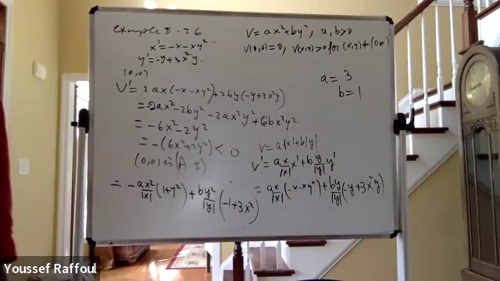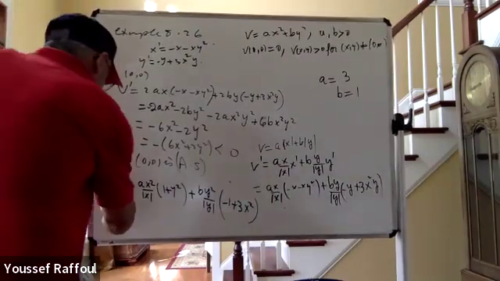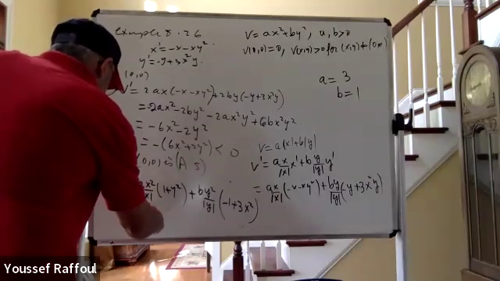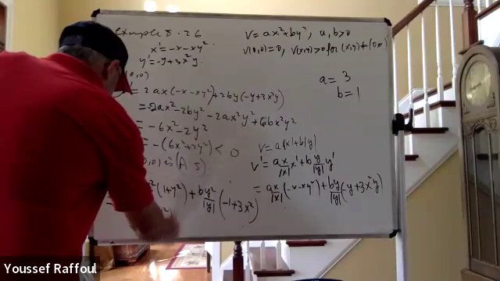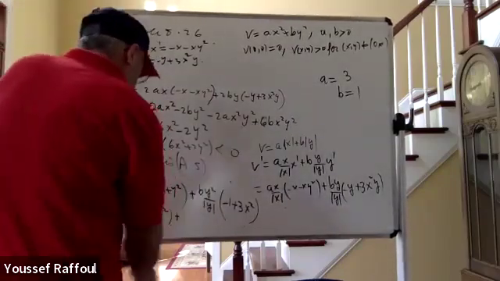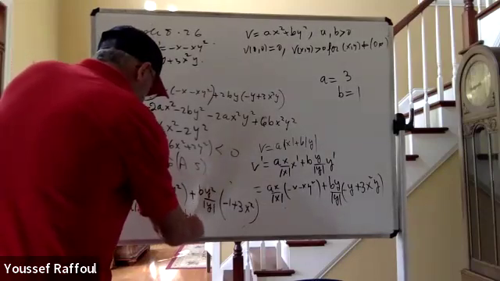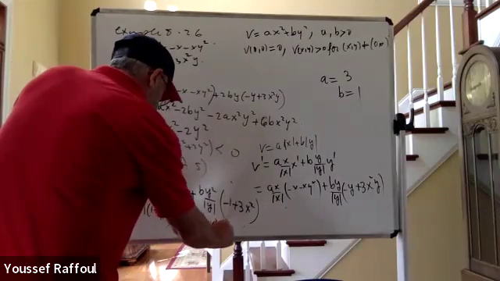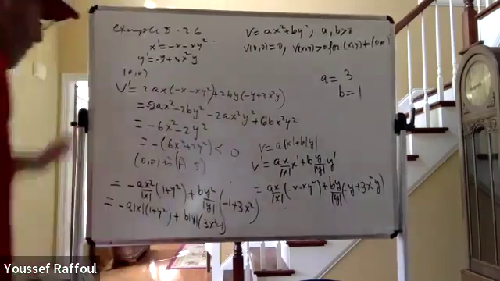All right. So this is minus a x times 1 plus y squared plus b y times 3x squared minus 1.